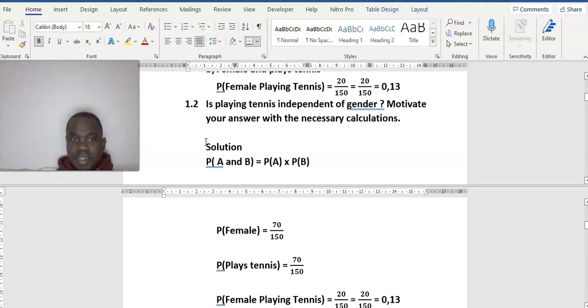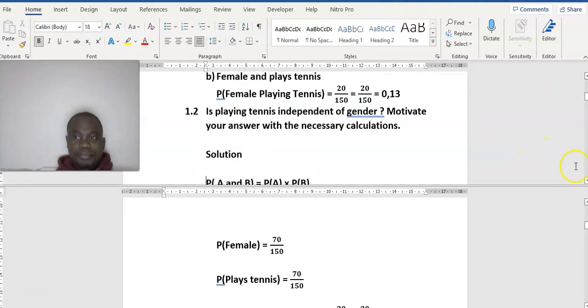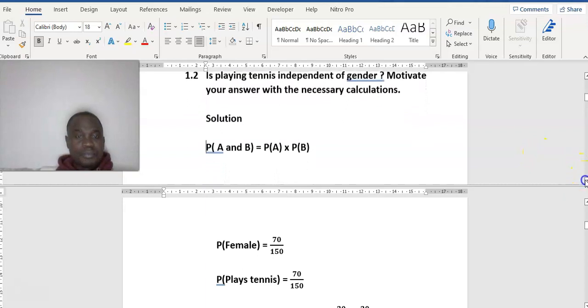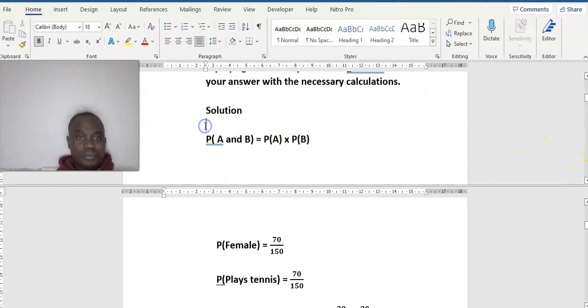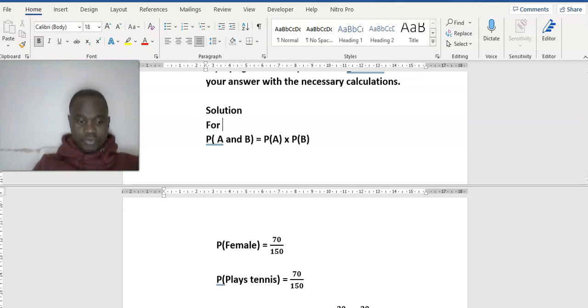For A and B to be independent, what should happen?